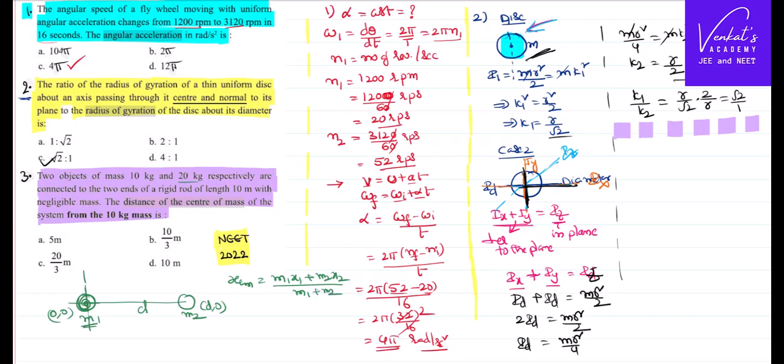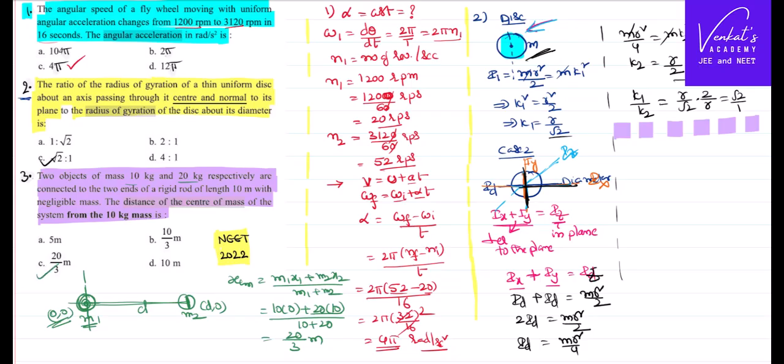Since m1 is the reference origin, x1 becomes 0. So m1 is 10, x1 is 0, m2 is 20, x2 is that distance, 10, divided by m1 plus m2, that is 10 plus 20, 30. So this is 200 by 30, that is 20 by 3 meters. That's how we solve the problem.